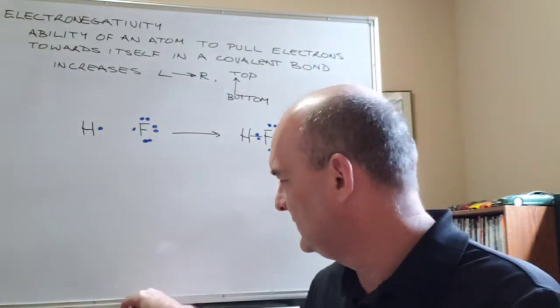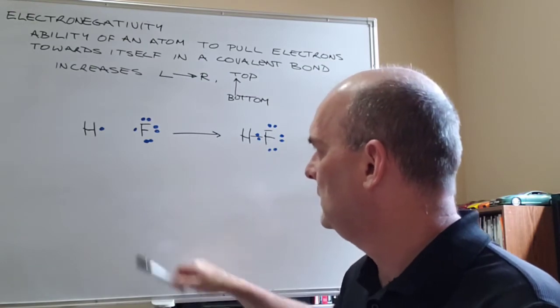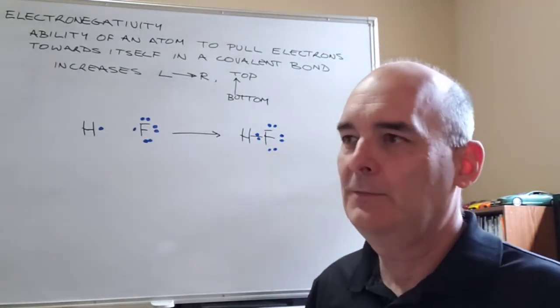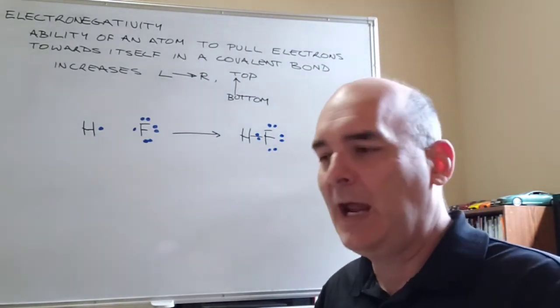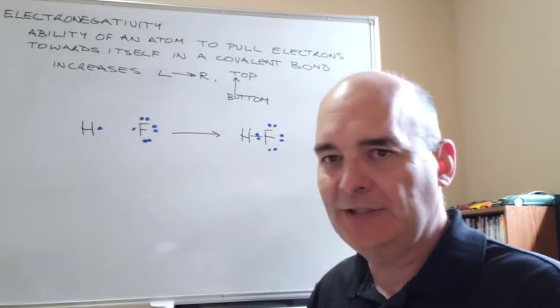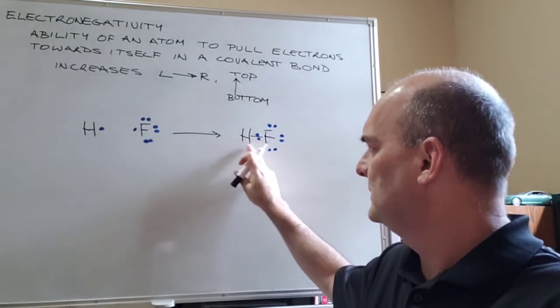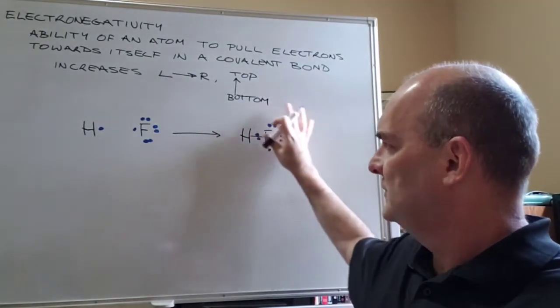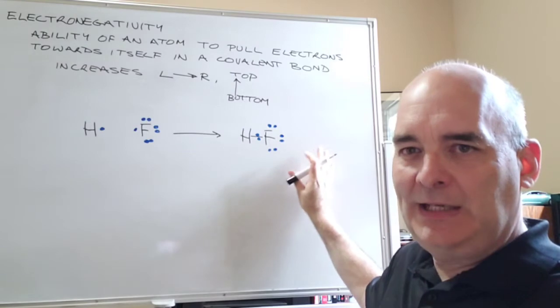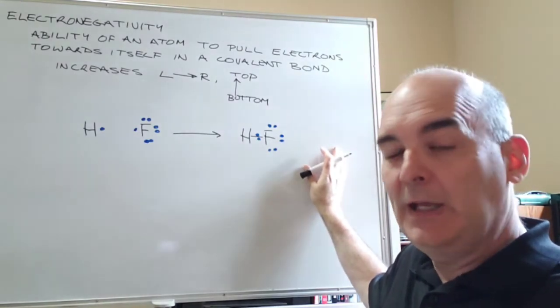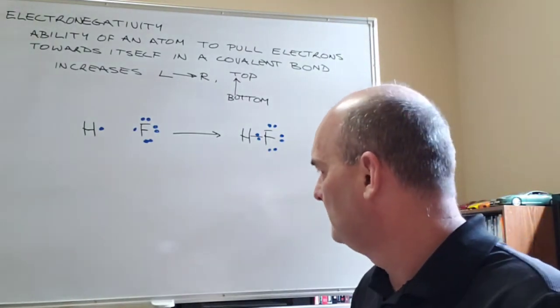Let's look at a simple molecule. Here is HF, and this molecule is actually covalent in the gas phase. 2 electrons shared between 2 atoms right here. And I think you can see that all the electron density is on the fluorine end of this molecule.